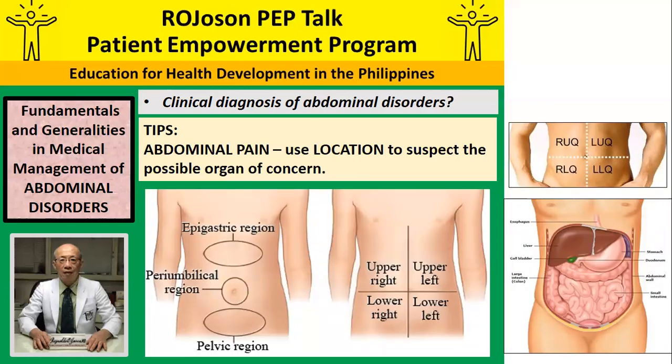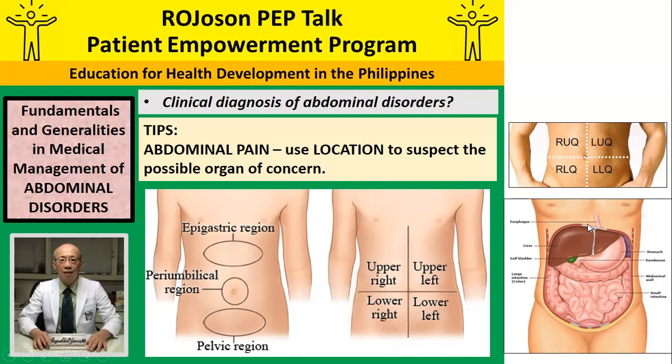For abdominal pain, the tip is to use the location to suspect the possible organ of concern. The abdomen is divided into several areas: epigastric region, periumbilical region, and pelvic region. Another way of classifying it will be right upper quadrant, left upper quadrant, right lower quadrant, and left lower quadrant.